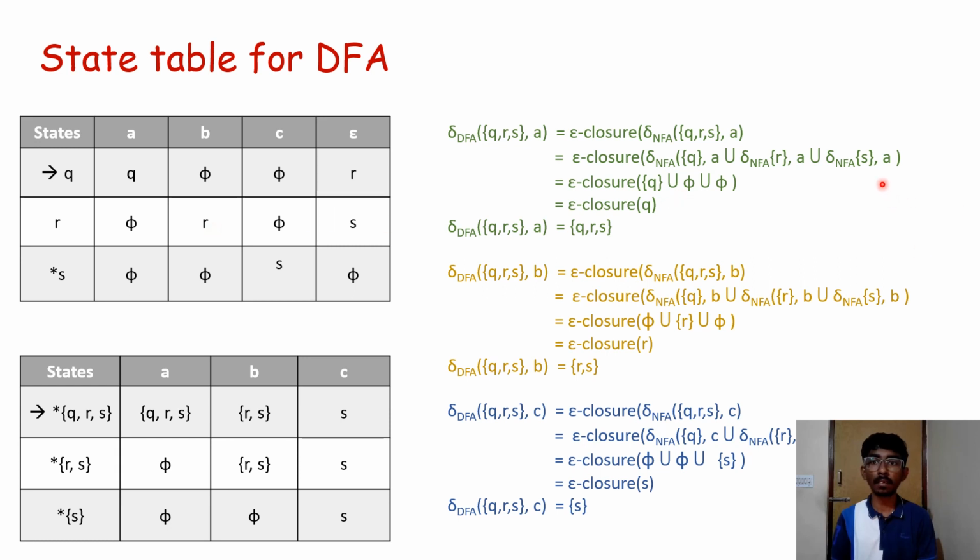And when we give A to the S state, we get null. So we have mentioned Q, null, and null. On performing the union operation on all these three, we get only the Q state.